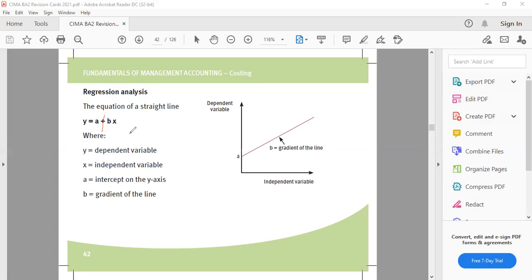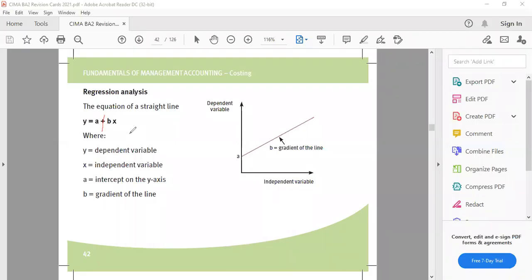Once we know the total fixed cost and the variable cost per unit, for any activity level it becomes possible to know the total semi-variable cost. This is regression analysis. y is dependent on x. Only when x is known does it become possible to know the total cost.